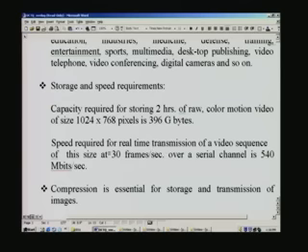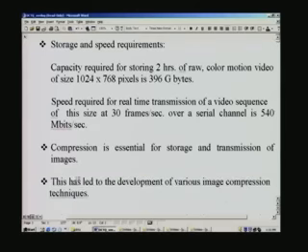The speed required for real time transmission of a video sequence of this size at 30 frames per second, which holds good in USA and other regions, whereas in India and other places it will be 25 frames per second, over a serial channel requires a stupendous bandwidth, say 540 megabits per second. Put together with the high storage, this is a big constraint, and hence the need for compression.